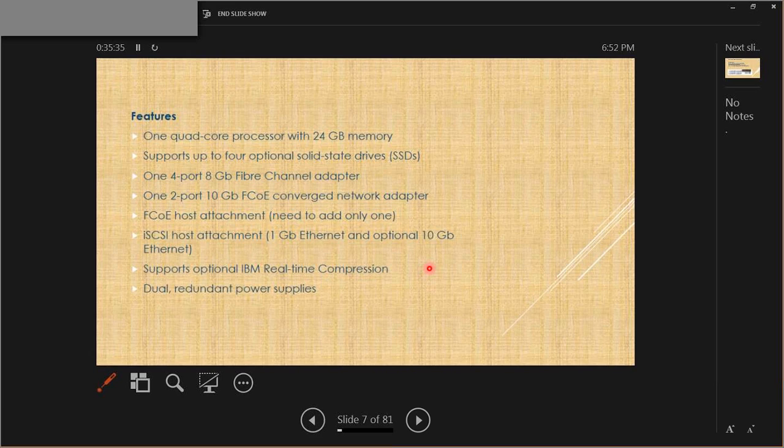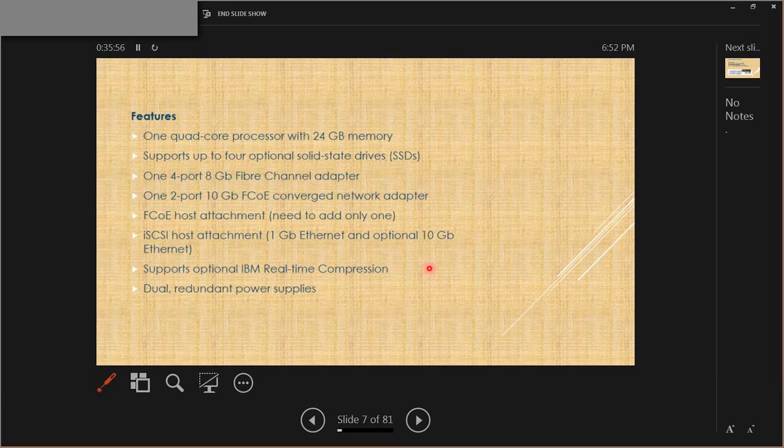Essentially, it frees up the CPU, and it also frees up the time that is required to first write the data to the disk drives one time, and then perform a separate compression. That's the advantage of real-time compression. How that is achieved and what hardware is required for it, we will see in the forthcoming slides.